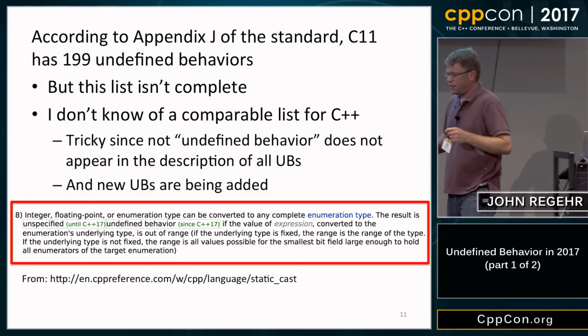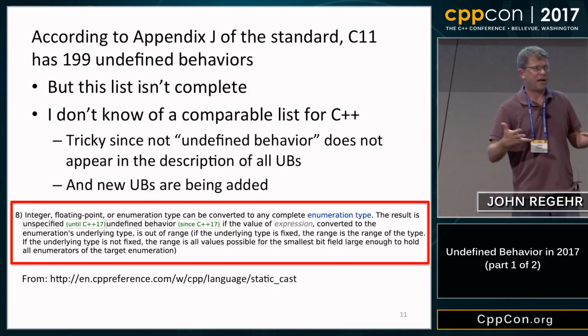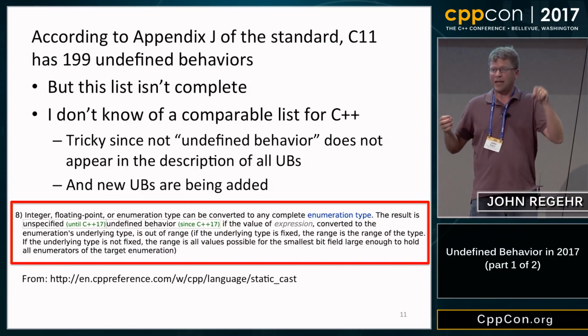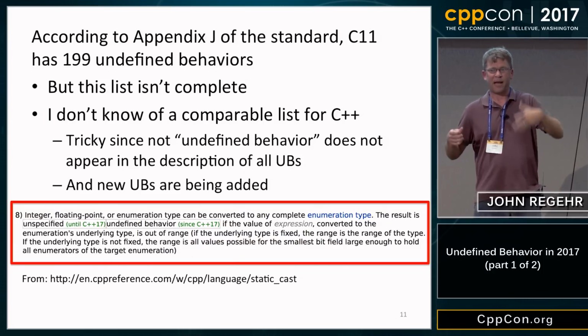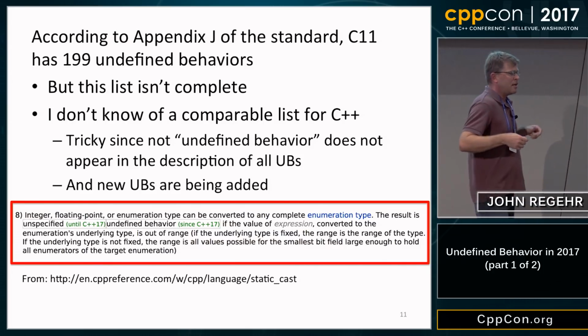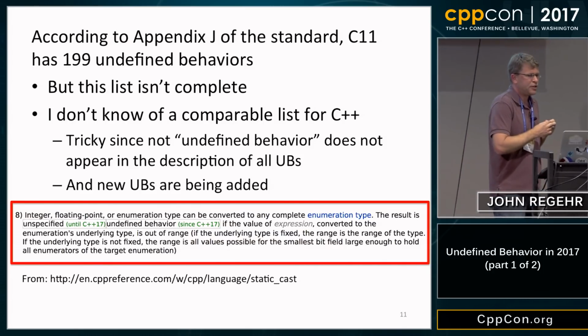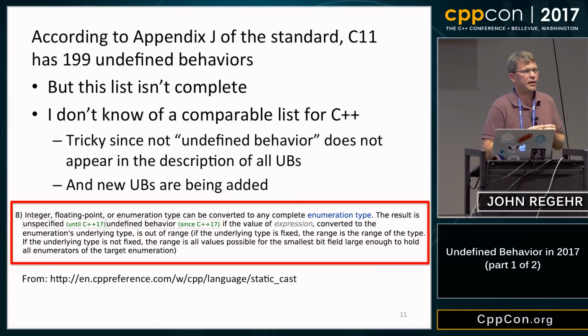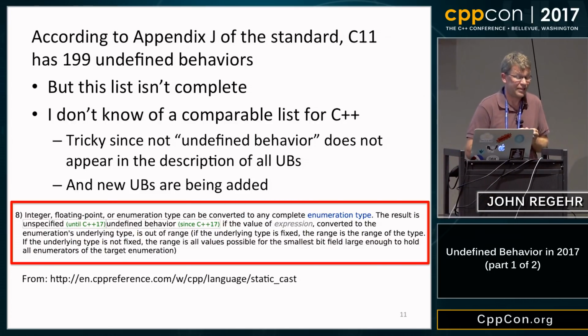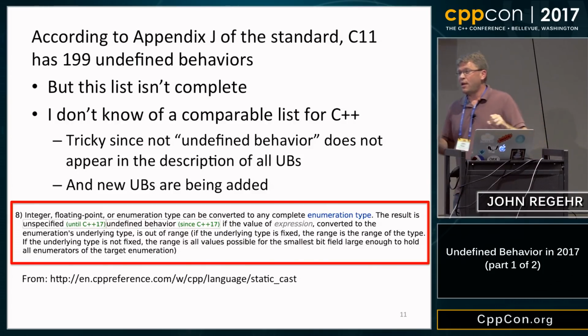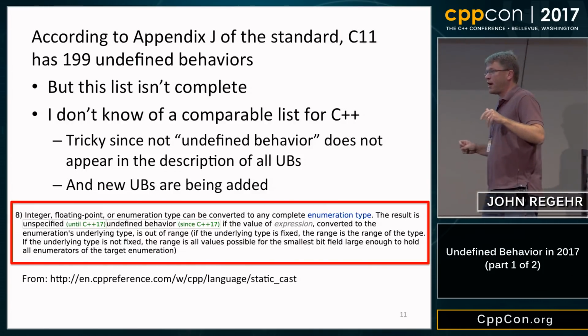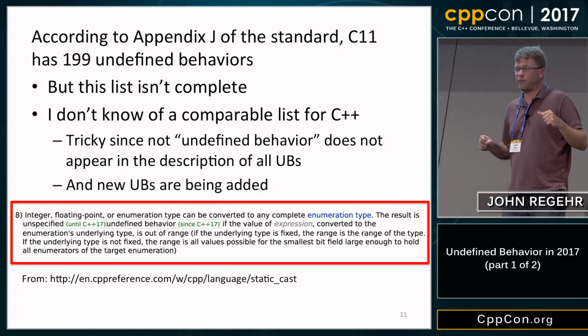There's a list in the back of the C standard which lists most of the undefined behaviors. It's definitely not complete, but it gets most of them, and it has almost 200 undefined behaviors. As far as I know, this doesn't exist for C++, so nobody's made this list, and it would be very nice if this list existed. It's tricky because some behaviors are only implicitly undefined.